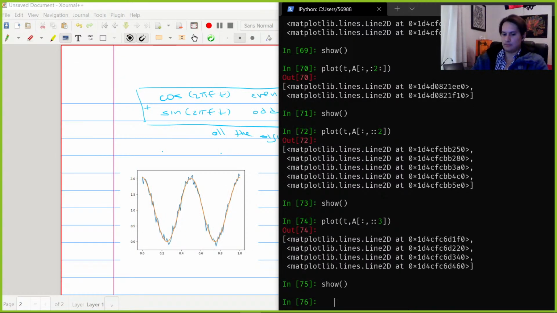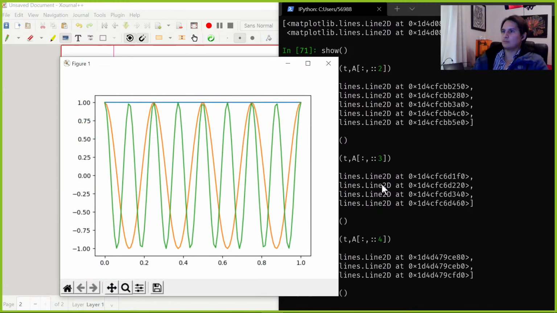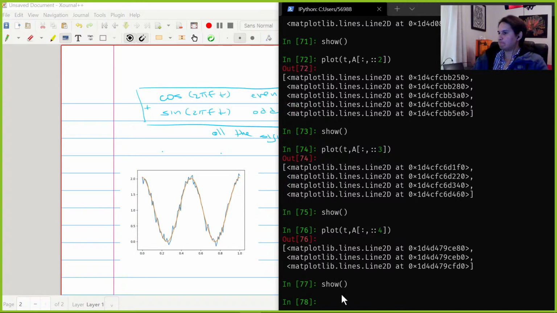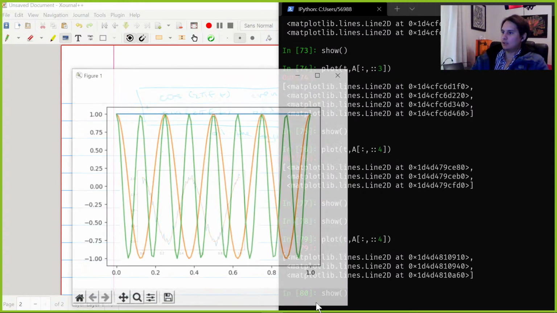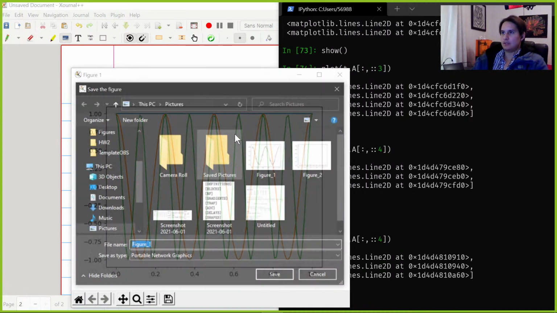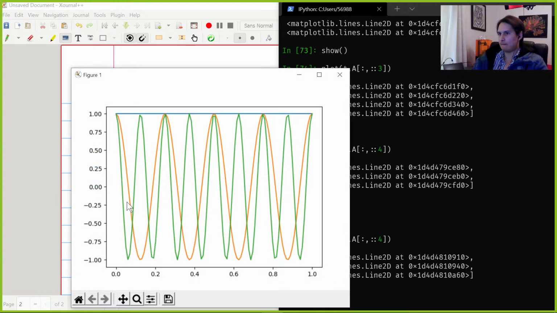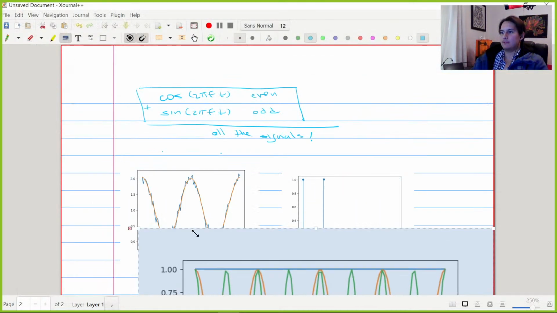Maybe more. Yeah, that's better. Okay, so show. Let me save this to figure 3. But this is figure 3, sorry.